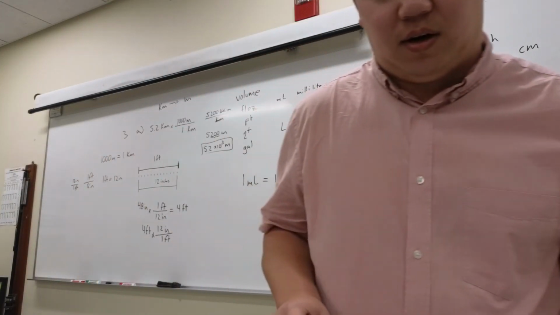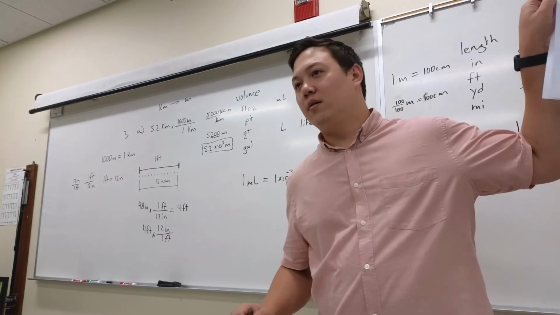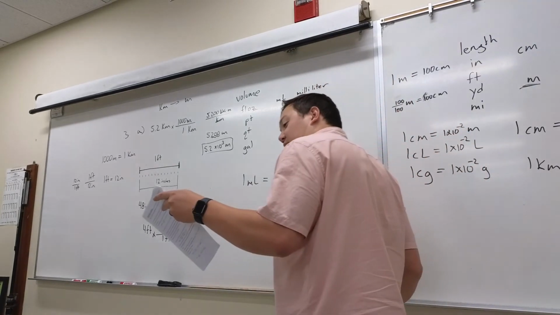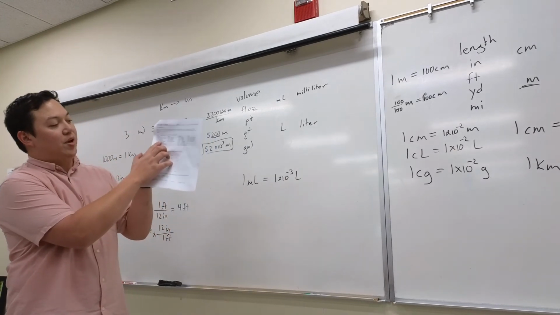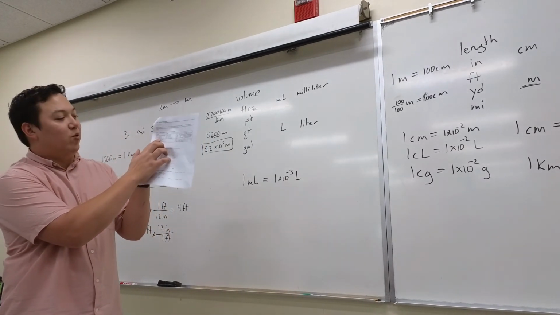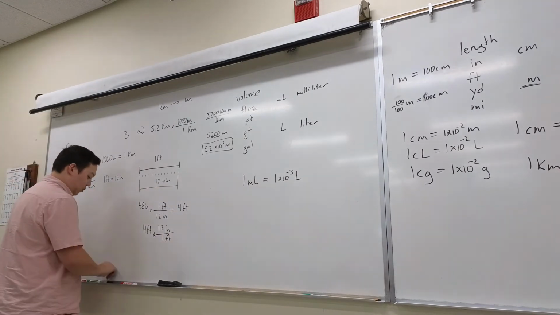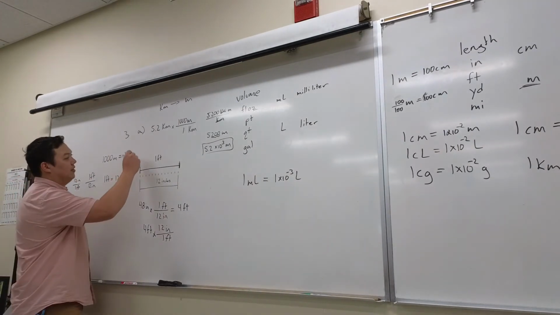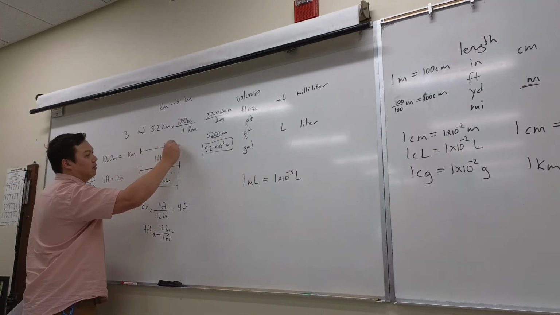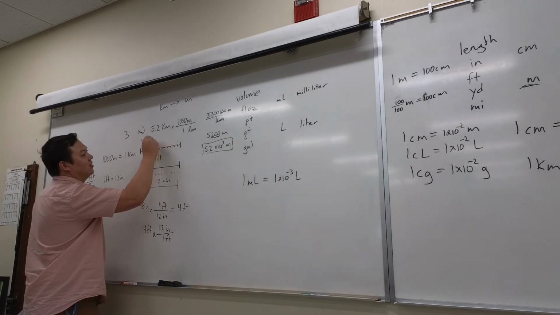So if you look on here, this table of lengths that are equivalent, if you drew out 30.48 centimeters, it would be the same length as 1 foot. So in this same distance, there would be 30.48 centimeters.